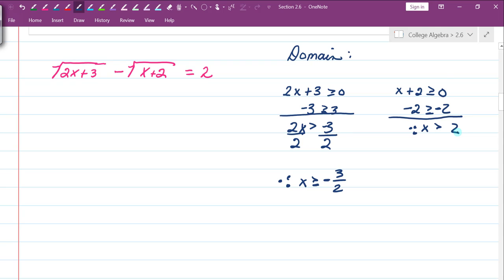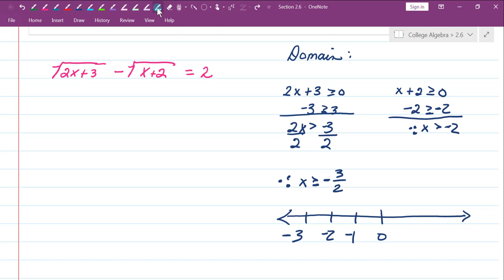Let's look at a picture of that so that we can see a little bit better what the domain looks like. If we draw a number line right here and put 0 right here, then 1, 2, 3, and negative 1, negative 2, negative 3. Our first one right here, we're going to put at negative 1 1/2 and highlight to the right, because it says we must be greater than.